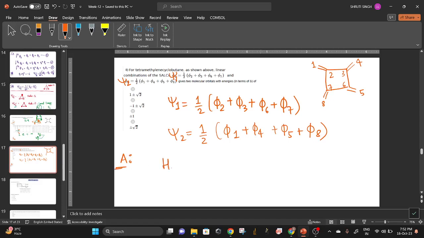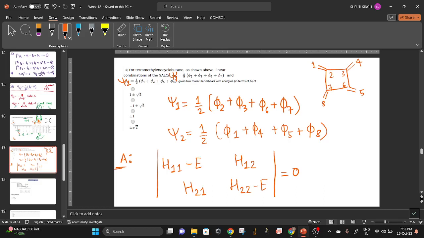Now the secular determinant will be H11 minus E, H12, H21, H22 minus E. Now these are not Huckel symbols yet.